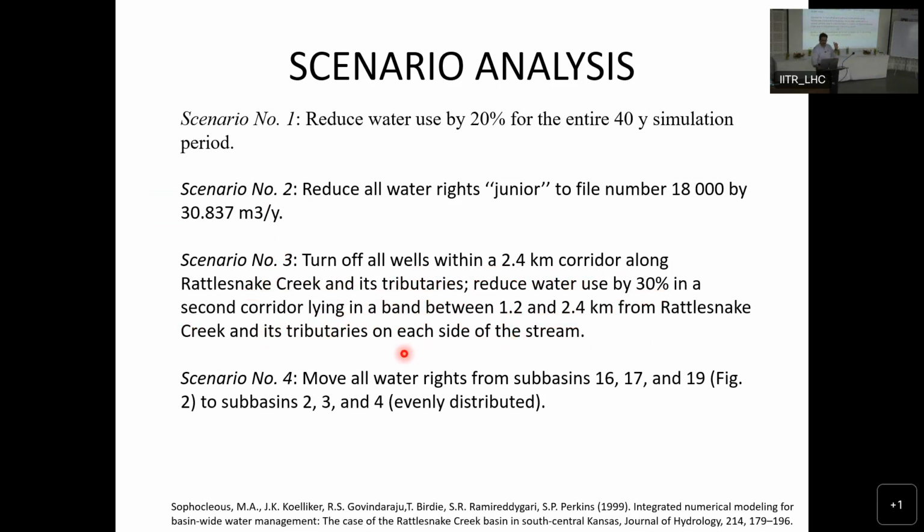Or scenario number 4, move all water rights from subbasins 16, 17, and 19 to subbasins 2, 3, and 4, evenly distributed. So 16, 17, and 19 are different subbasins. But basically, if drawing water at a particular location is going to cause very serious consequences, can the same water be got from somewhere else with less consequences?